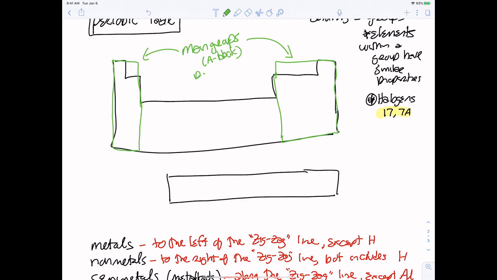They're also called representative elements. I don't really use that term, but you may see it online or in a text. So my main groups, also known as representative elements, are the ones that have the A's after them if you're using that AB numbering system.